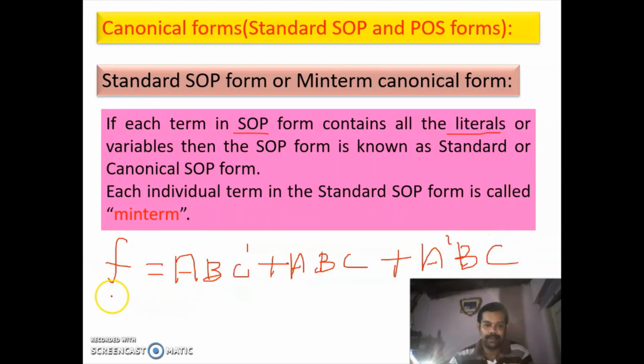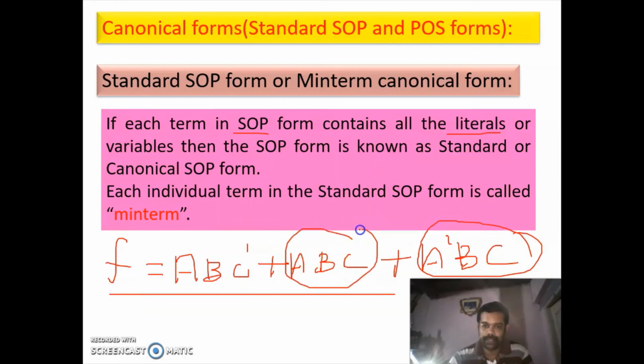So this is a Boolean function or Boolean expression. Totally it is a Boolean expression. Individually, this is a term, this is a term, and this is a term. And this is a literal, this is a literal, this is a literal. Each individual variable in a term is called a literal.